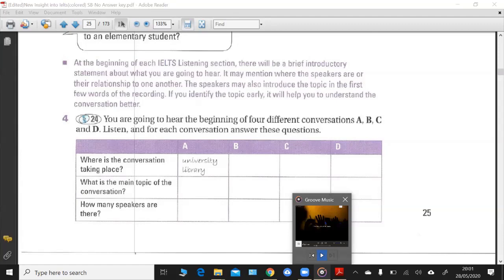Because their funds are down, they need more funding, more money for their research. So lack of funding for research, research issues, research problems, financial issues, something like that. Number of speakers? I'm confused between 3 and 4. Basically, the number of speakers is 3. Listen to the next part, please.